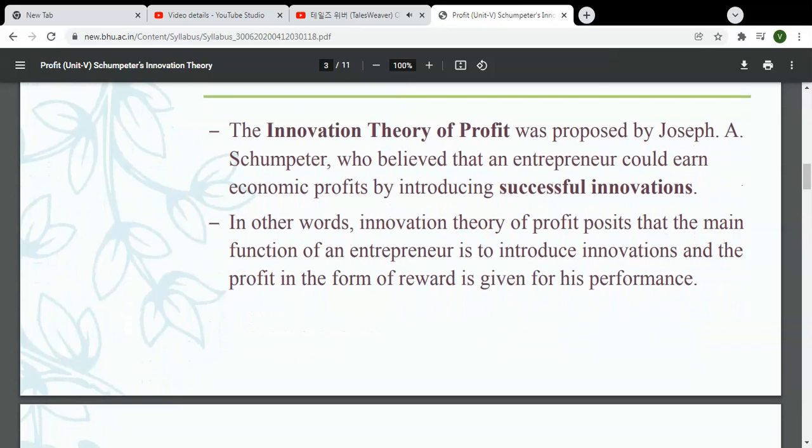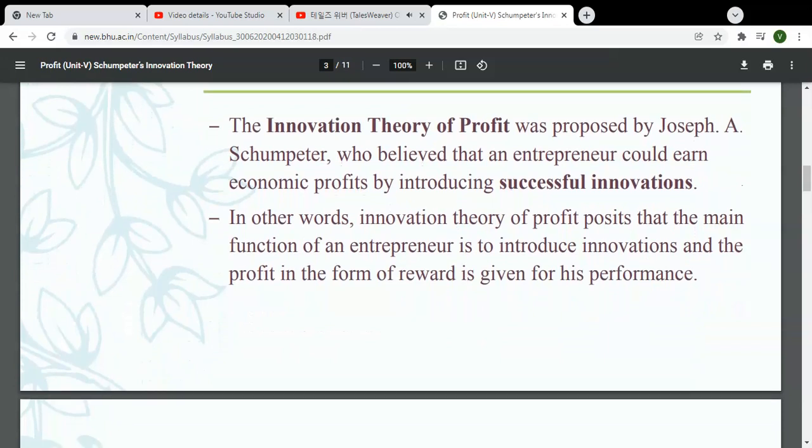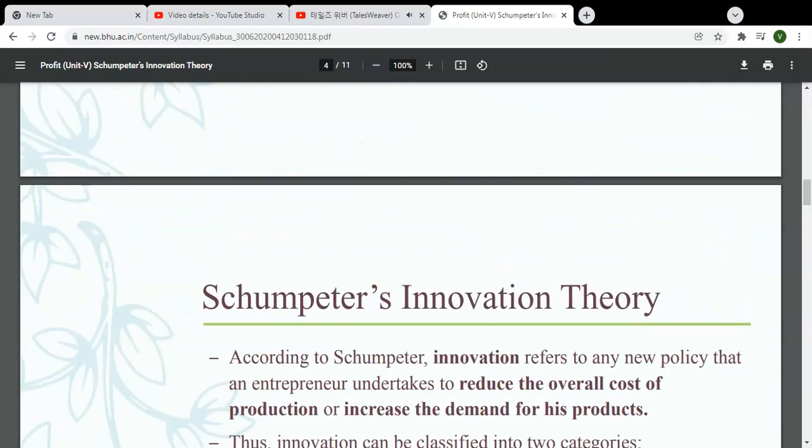The theory posits that the main function of an entrepreneur is to introduce innovations, and the profit, in the form of reward, will be collected for this performance. So if you are making a profit, that means you are doing some innovation, and if you are making an innovation, that will earn you some profit.